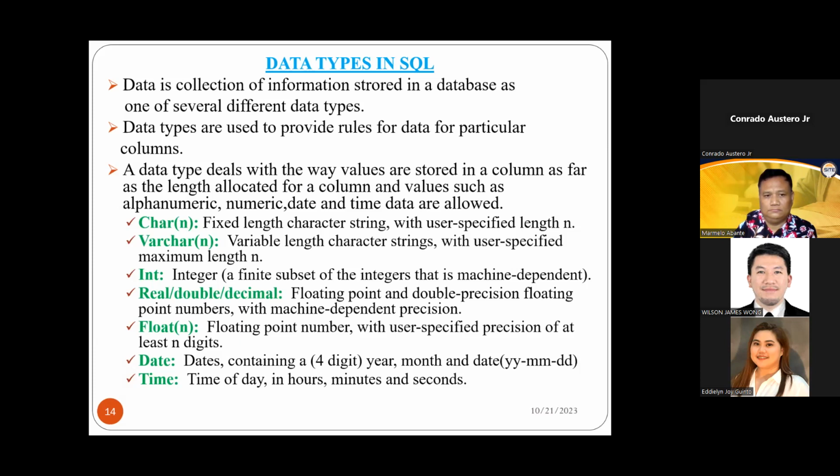REAL, DOUBLE, DECIMAL: floating point and double precision floating point numbers with machine dependent precision. FLOAT, a floating point number with user specified precision of at least n digits. DATE, a date containing a 4-digit year, month, and day. TIME, the time of day in hours, minutes, and seconds.